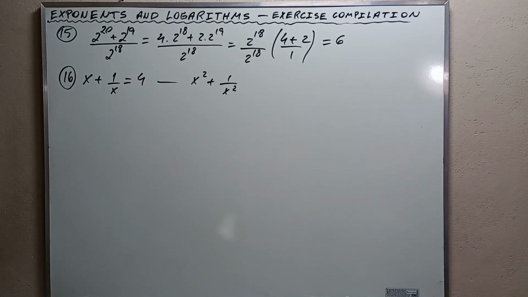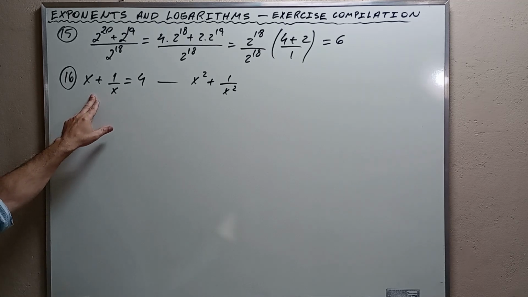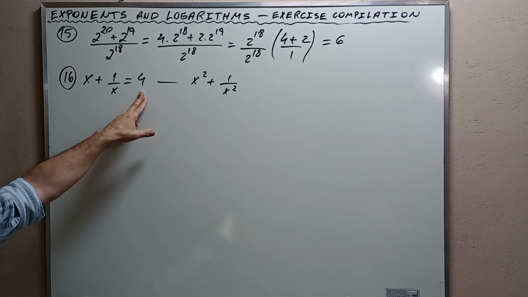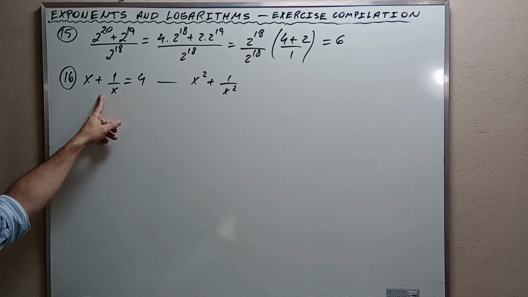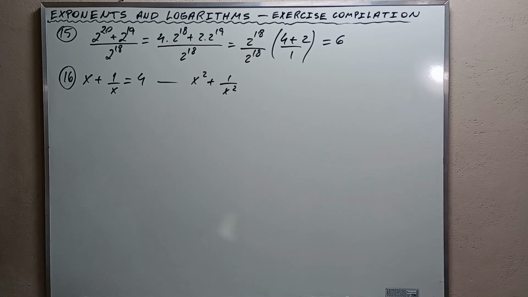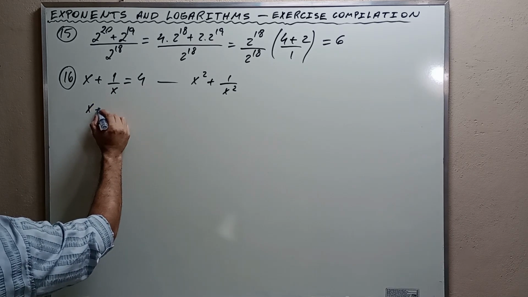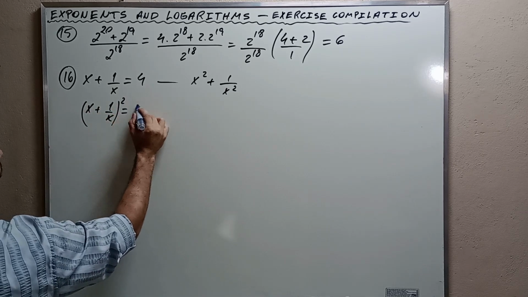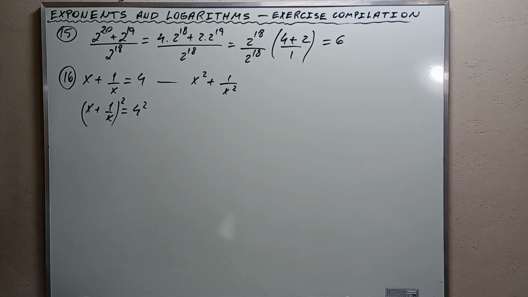The technique that I can see, maybe you can see another solution, but the solution that I can see is to raise both sides of this equation to the power of 2, or if you prefer, to square both sides, and it becomes (x plus 1 over x) squared is equal to 4 squared.